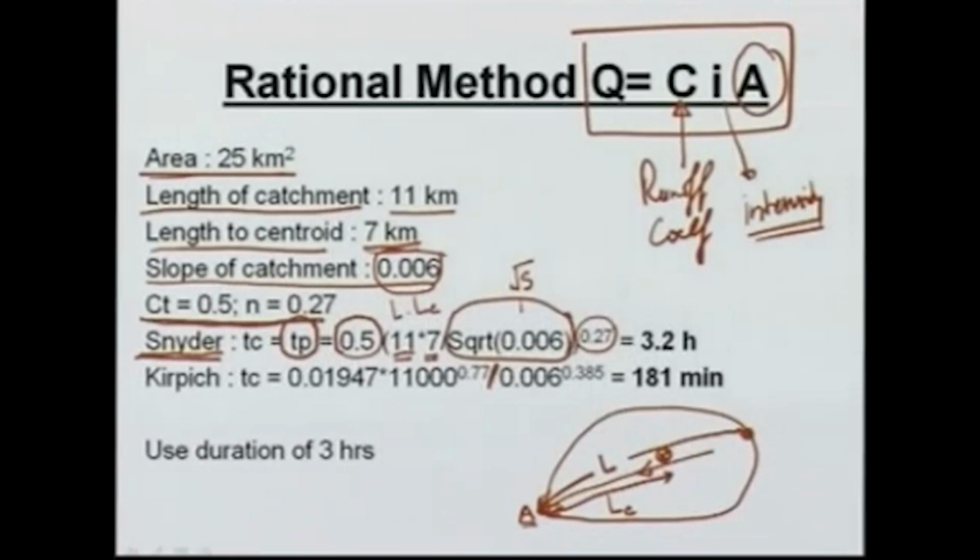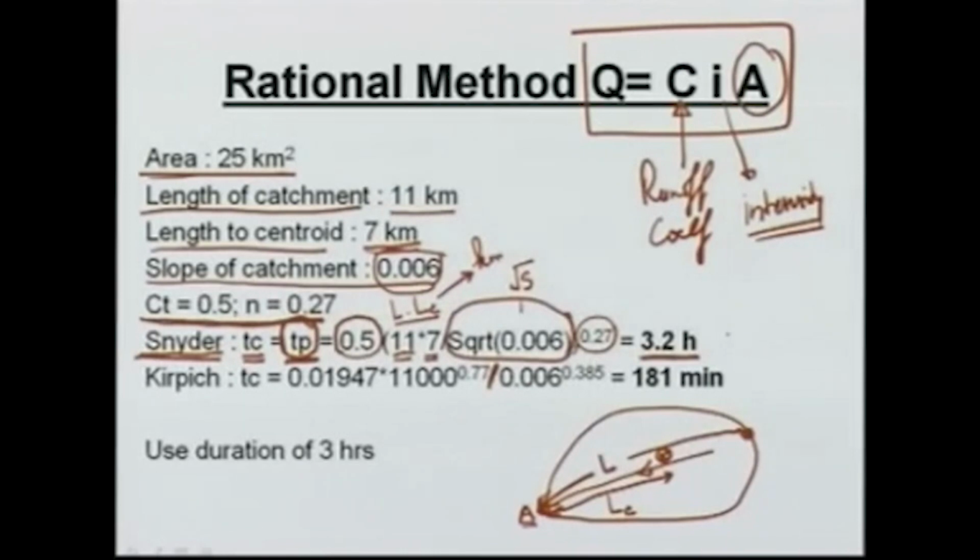So, using a relationship similar to Snyder, we can estimate the time of concentration by assuming it to be equal to the lag, and for small basins this assumption may be valid. And if we use this equation, L and Lc of course in this equation are in kilometers, slope is dimensionless, and the value which we get will be in hours.